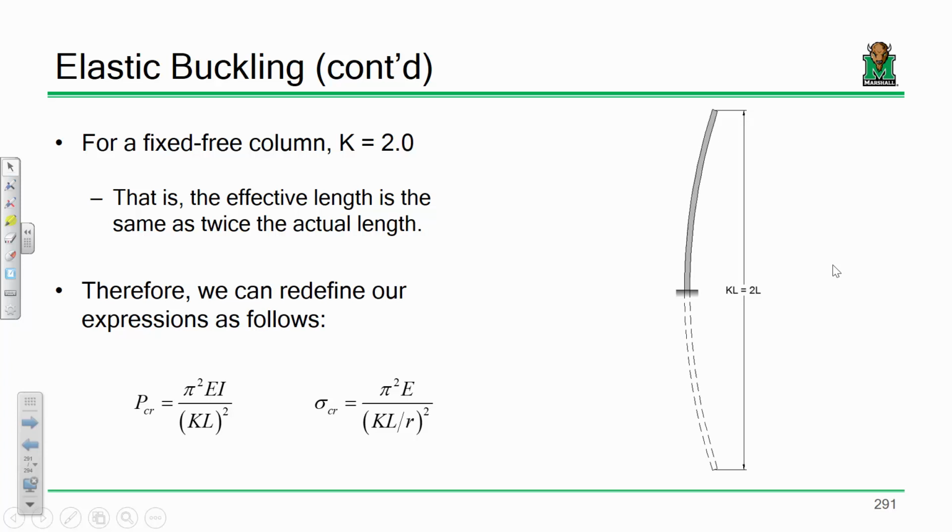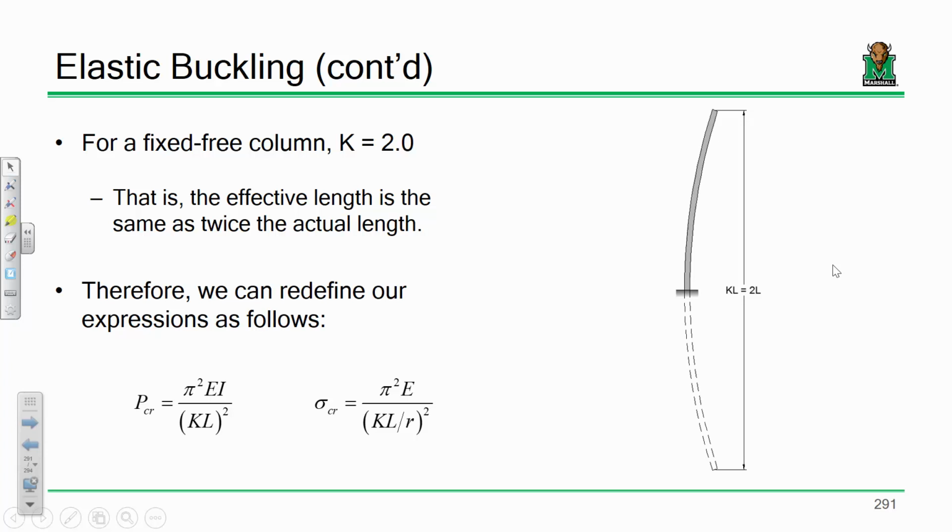Right? Now, how long is that column? How long is that deflected shape? Well, it's not the length, it's 2 times the length, right? So what I propose is that any time that you have a column that's fixed on the bottom and free on the top, its effective length factor is 2, because that's the length that compares the difference between this fixed free column and our pin-pin column that we were trying to relate to earlier.